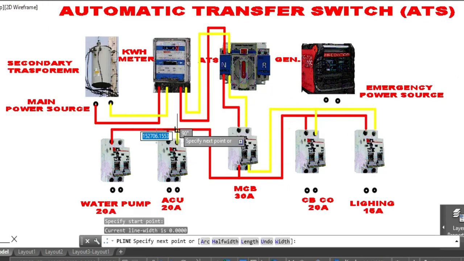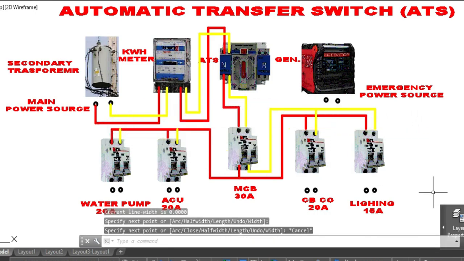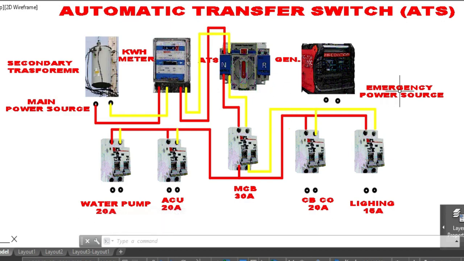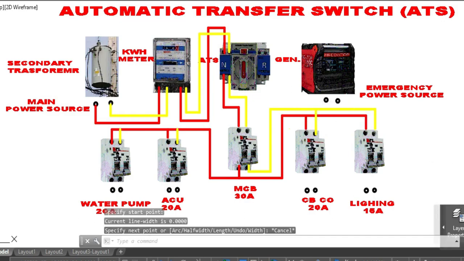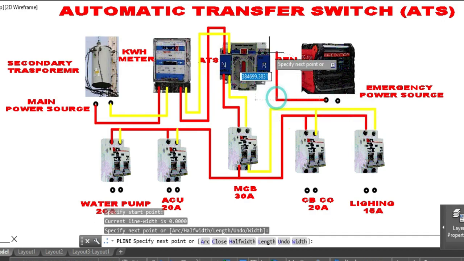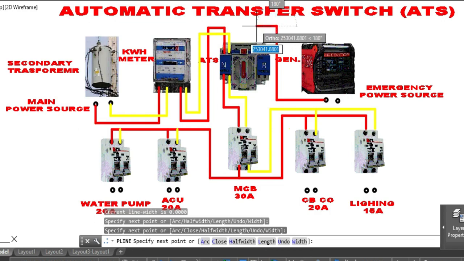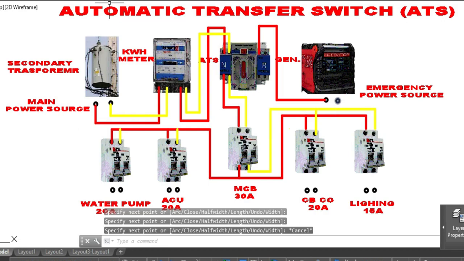And also this one. Okay, and then we are going to connect the generator, the emergency power, to the ATS. From this side, we are going to take line 1, and then line 2.